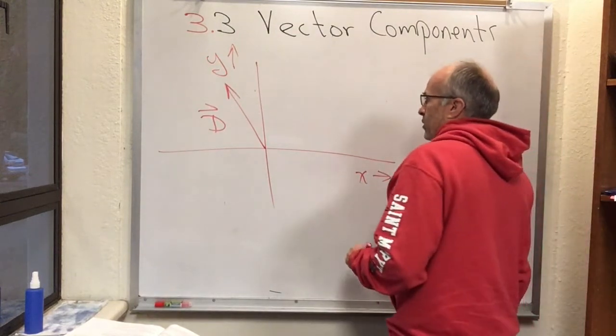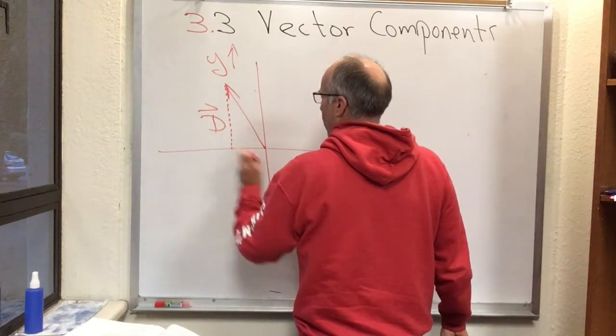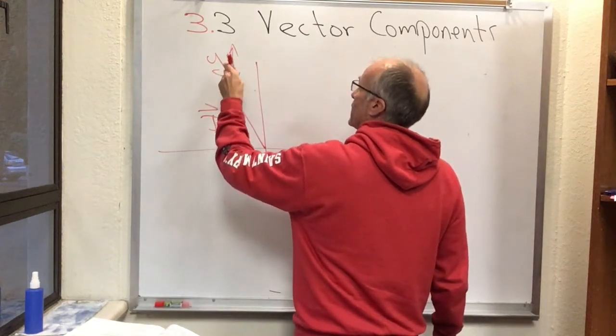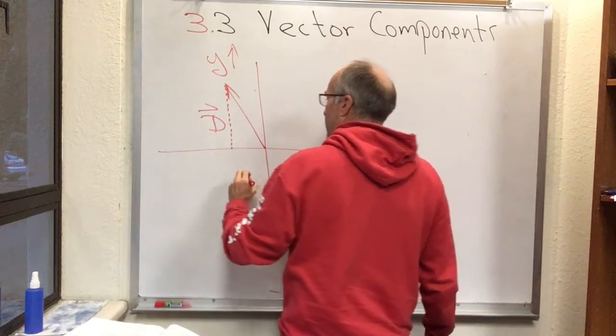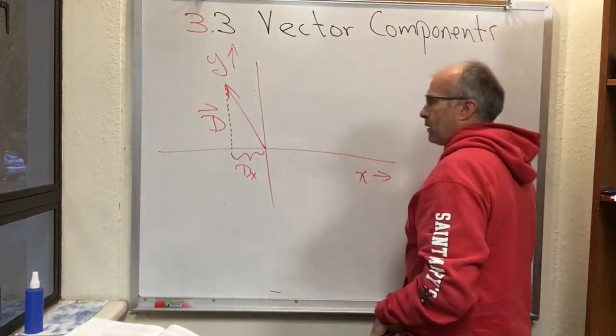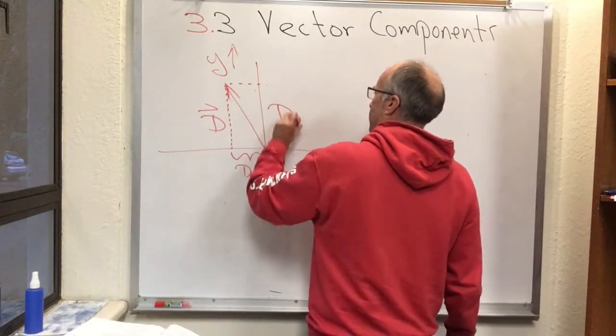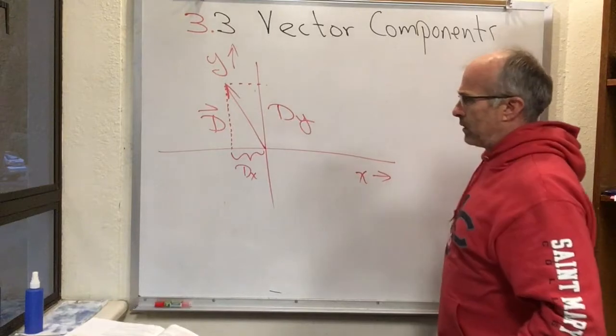That's an interesting situation. The shadow of D dropped down onto the x-axis is now right here. The shadow of D dropped down onto the y-axis is this right here.